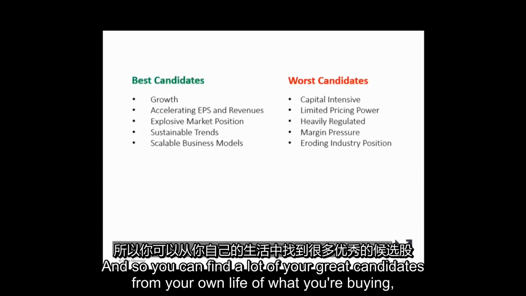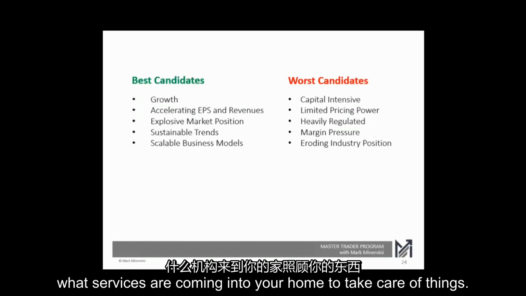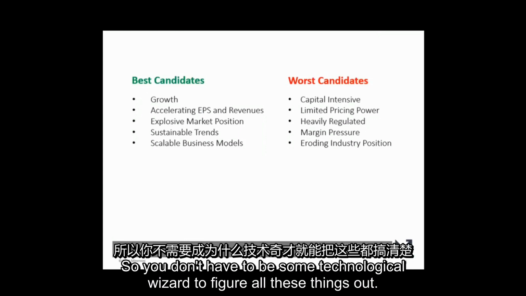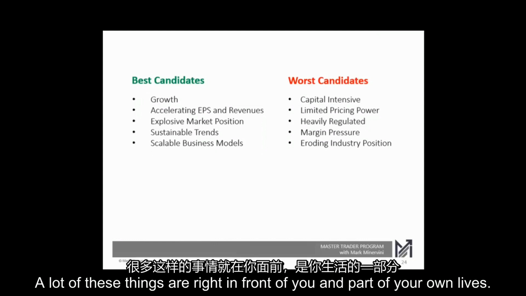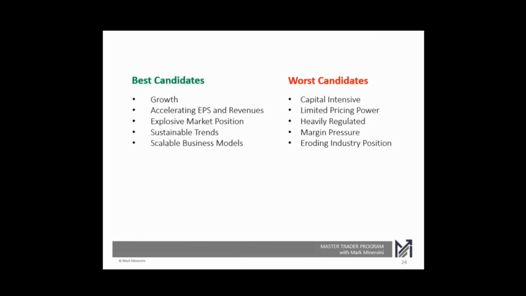So you can find a lot of your great candidates from your own life: what you're buying, where you're eating, what services are coming into your home to take care of things. You don't have to be some technological wizard to figure all these things out. A lot of these things are right in front of you and part of your own lives. That's where you come up with some of the greatest growth stocks, the ones that you're using yourself.